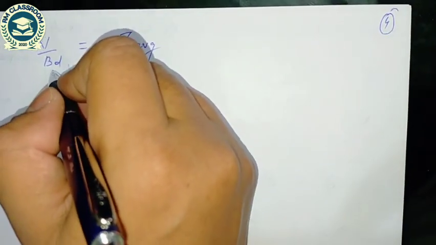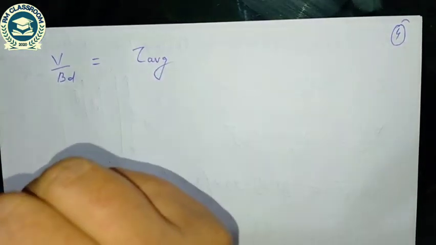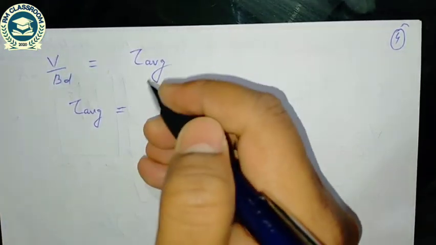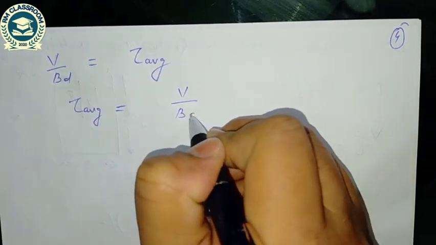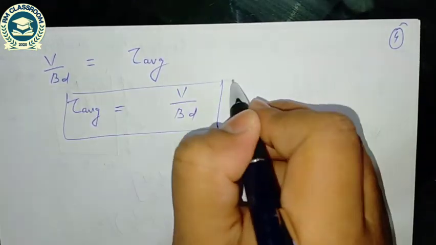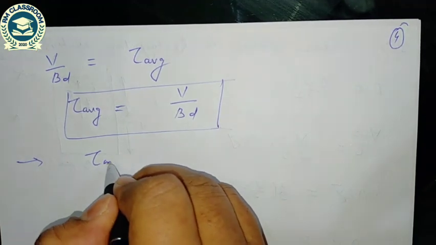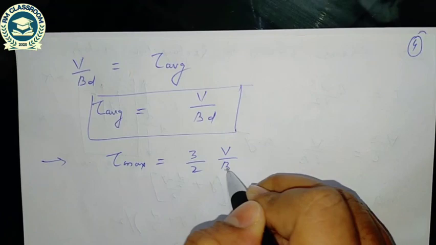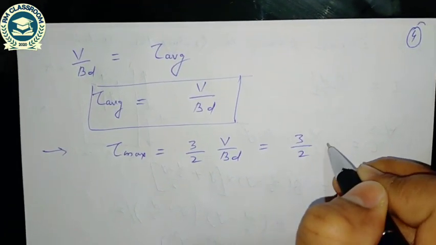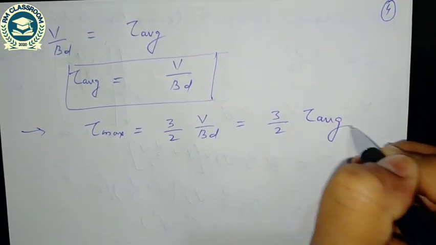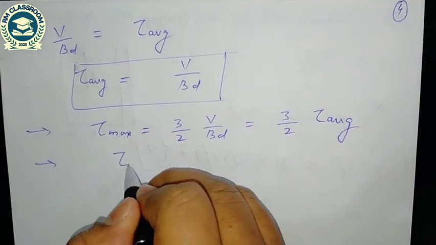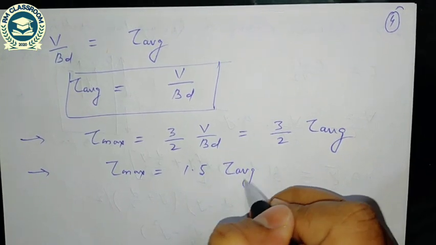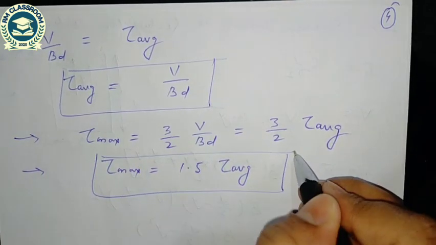So the area of that cross section is B d and the shear force acting at that section is V. So this is the average shear stress in a rectangular beam. So maximum shear stress is equal to 3 by 2 into V by B d, which is 3 by 2 into tau average. So the maximum shear stress is 1.5 times the average shear stress in a rectangular beam.